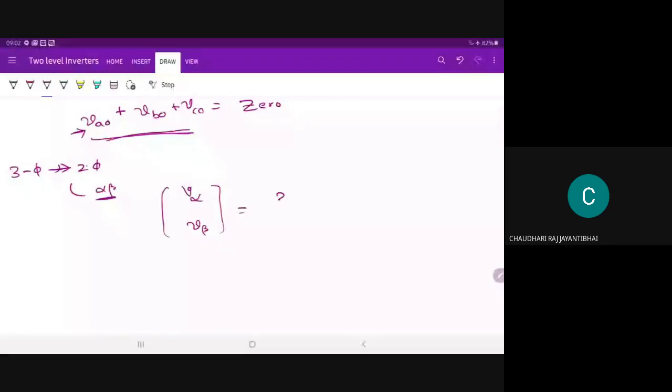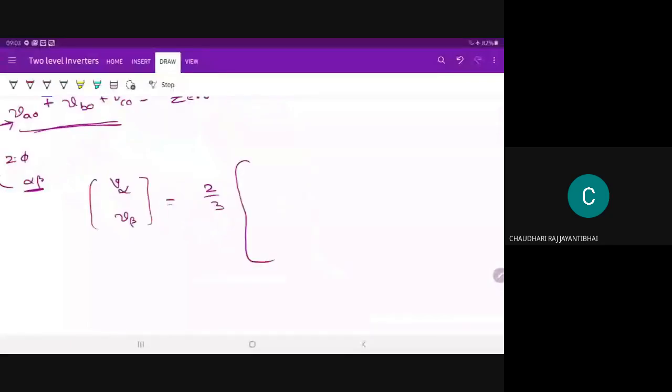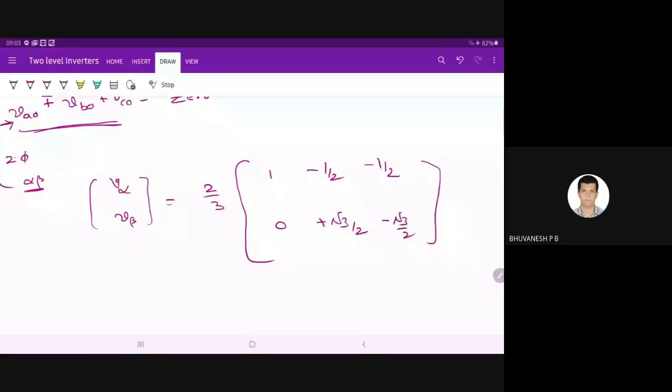And I have to select 2 by 3. Why have I selected 2 by 3? There are two choices: one is 2 by 3 and the other one is root under 2 by 3. Because we are controlling the magnitude of voltage, that's why I selected 2 by 3.